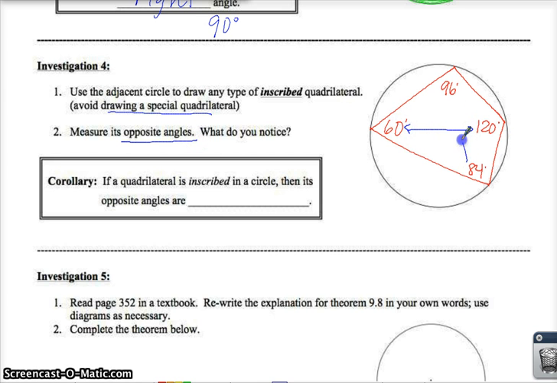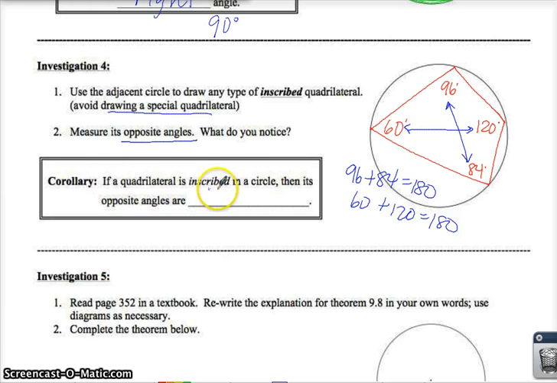So what do I notice about my opposite angles? They add up to 180 degrees, or yours should have been really close, right? So both sets of opposite angles should add up to 180 degrees or really close, depending on your slight error in measuring.